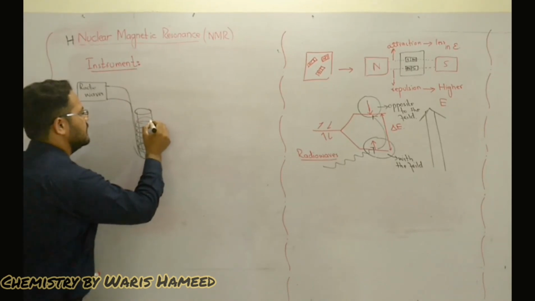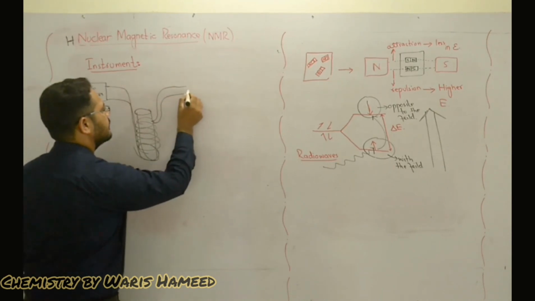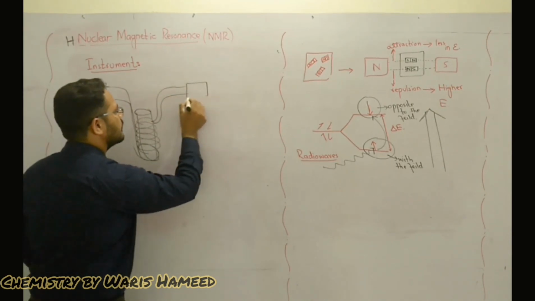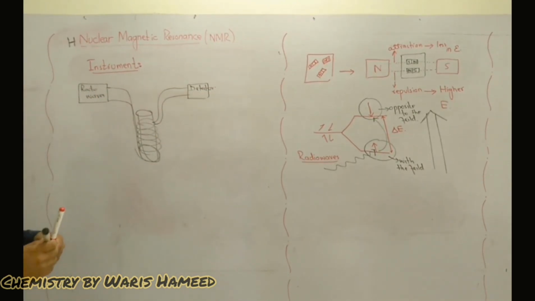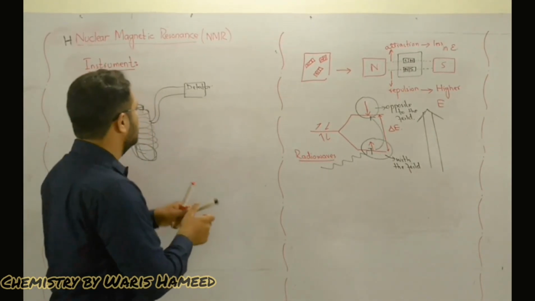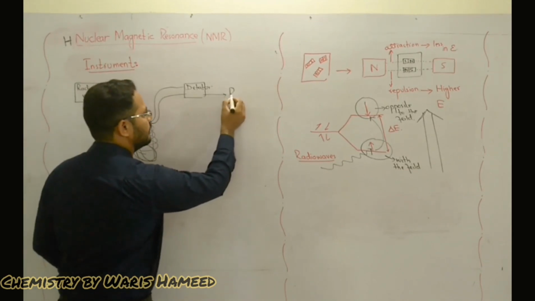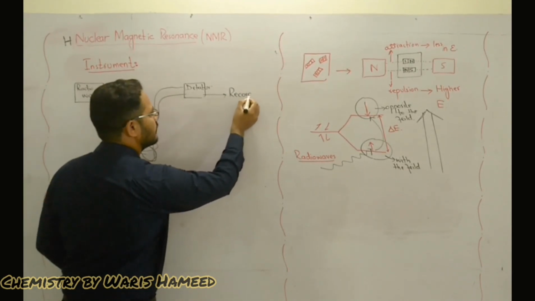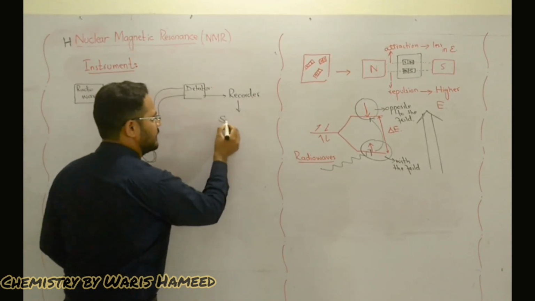Here will be the detector, which measures the absorbance of radio waves, and after this there will be the recorder, and it will give us the spectrum.